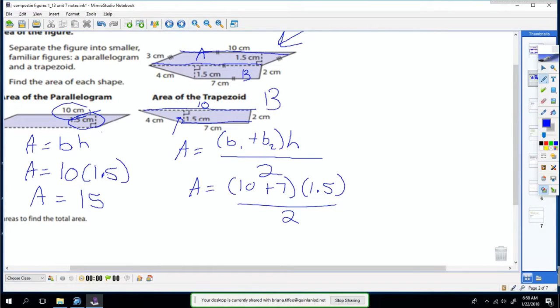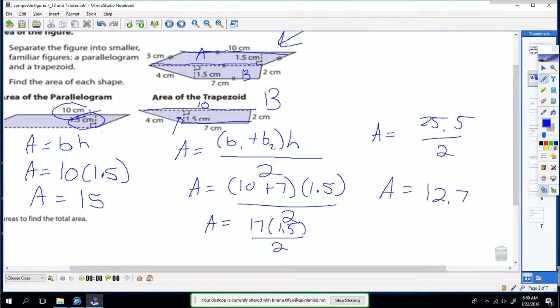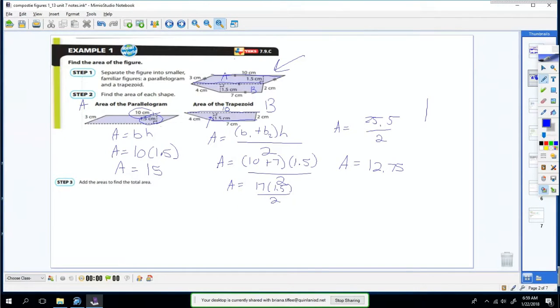So the first thing you always do is you add your bases together. 10 plus 7 is 17. So then you're going to do 17 times 1.5 divided by 2. So 17 times 1.5 is 25.5. Then you got to divide by 2, which is 12.75. So now we're not done yet, though.